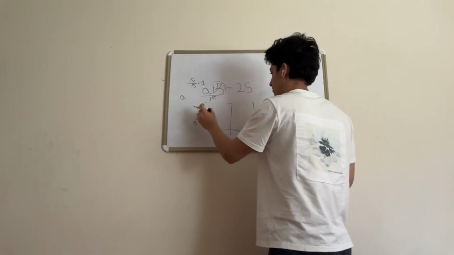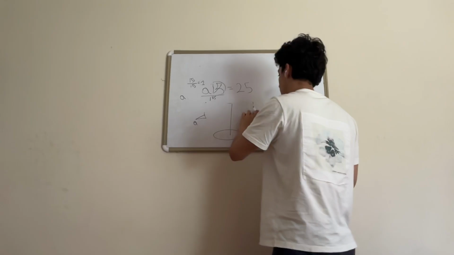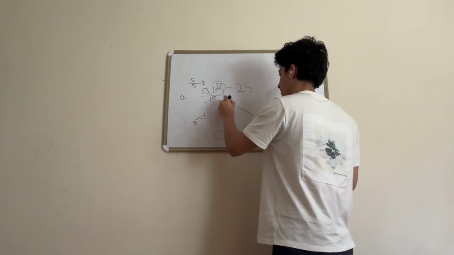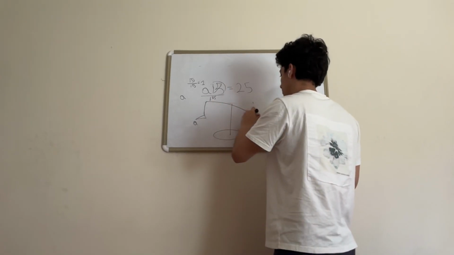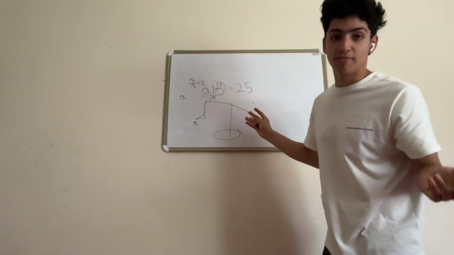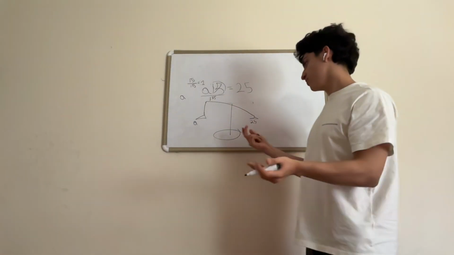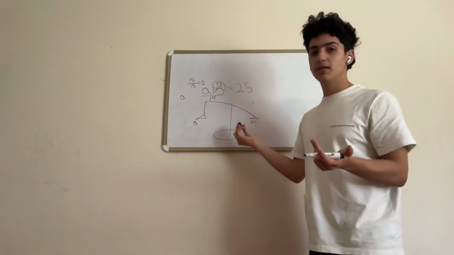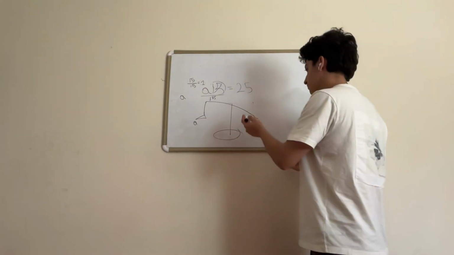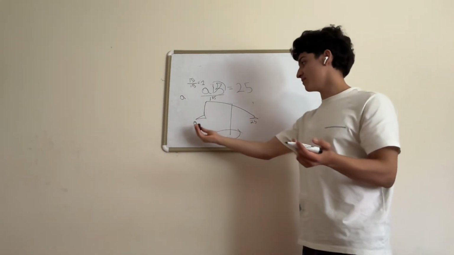It's going to be something like this. That's not balanced. So what does that mean? That this is not the same as this.